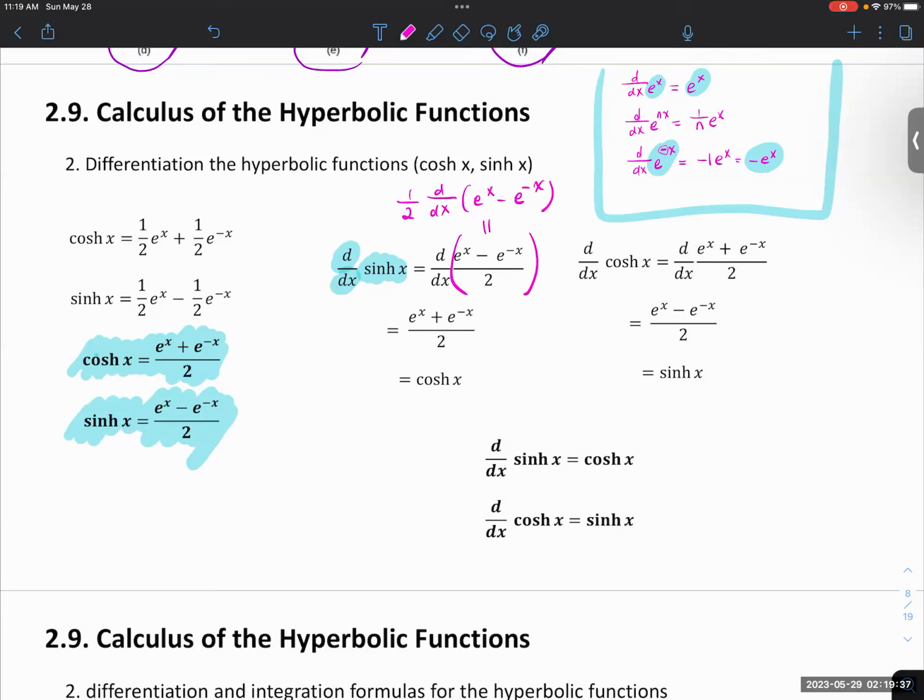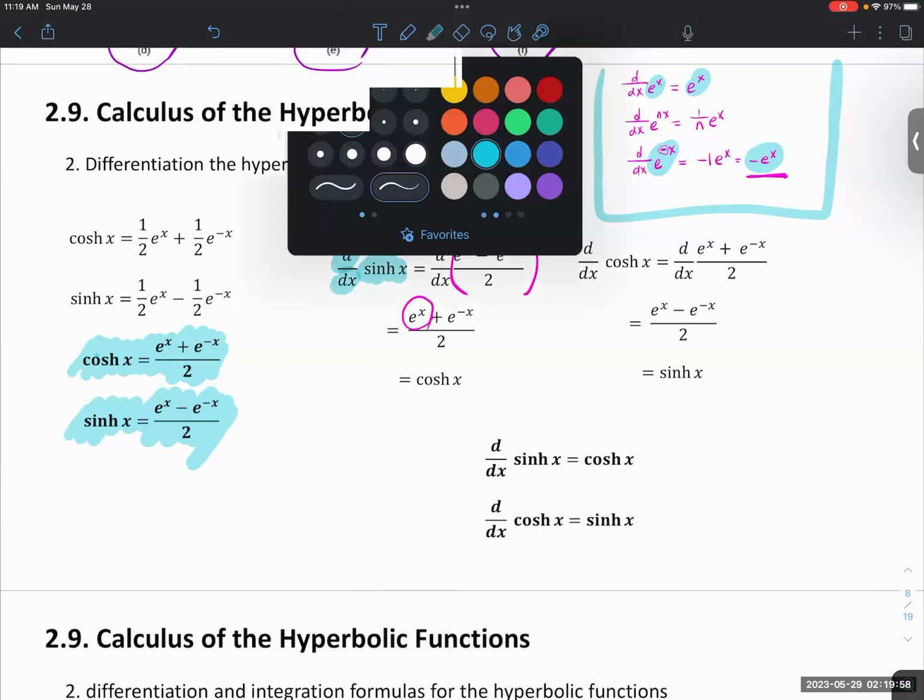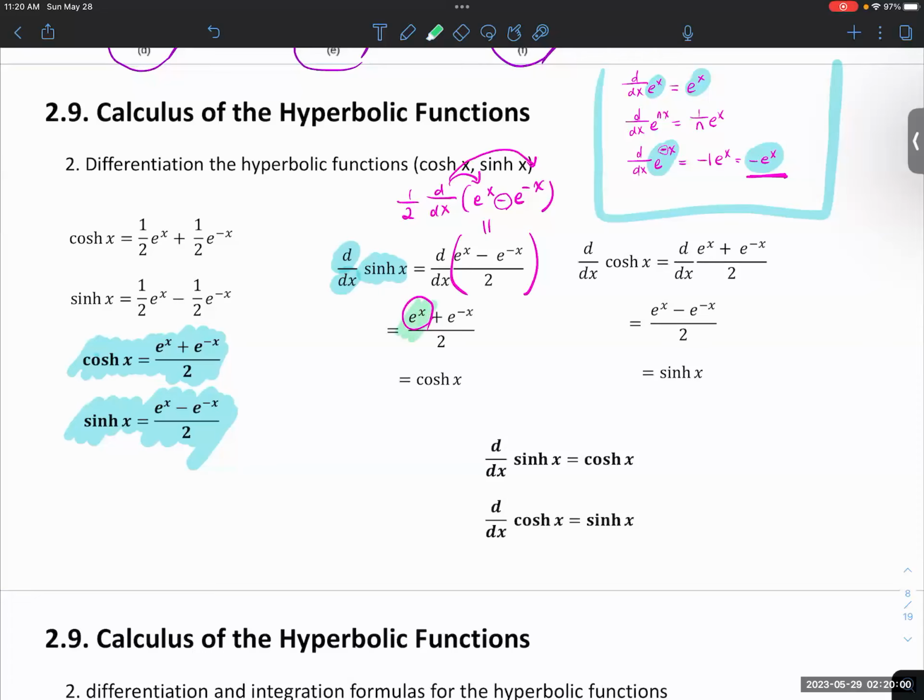Now when you take the derivative of e to the x, what happens? It's the same, e to the x. When you take the derivative of e to the negative x, that is going to be negative, so the negative with this changes to positive. So you will get e to the x plus e to the negative x over 2. What is that? This is the cosh function, isn't it? Therefore, when you take the derivative of sinh, you get back the cosh x function.